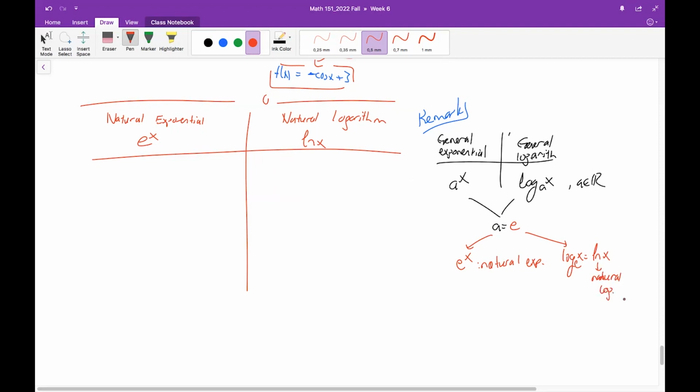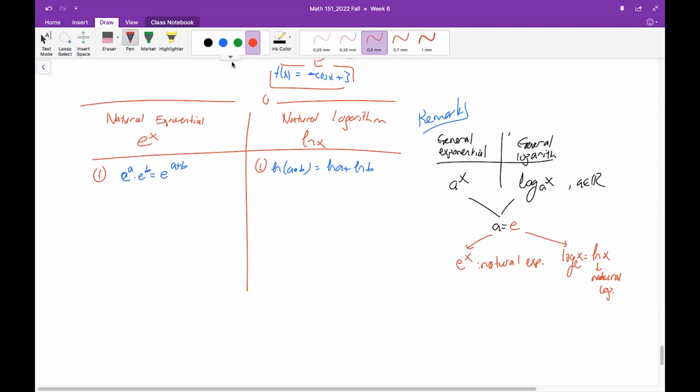Okay, after this remark, now we can go through the main properties of e to the power x and ln x. The first property is about these powers. Obviously you can write it like this, but it is more interesting for the ln function, okay? ln of a times b can be rewritten as ln a plus ln b.